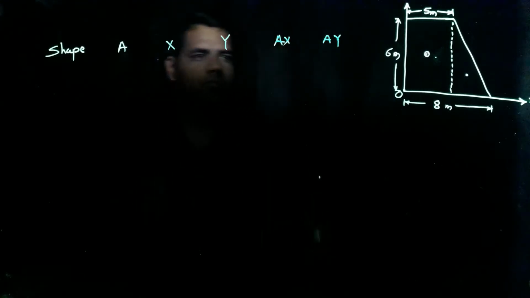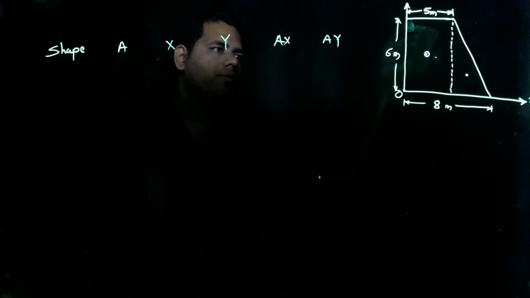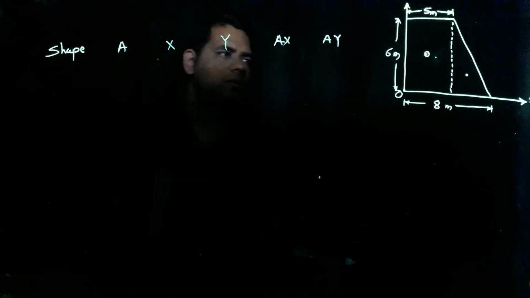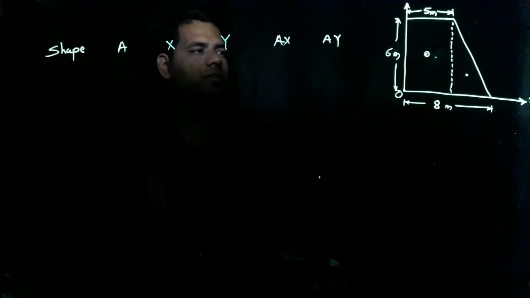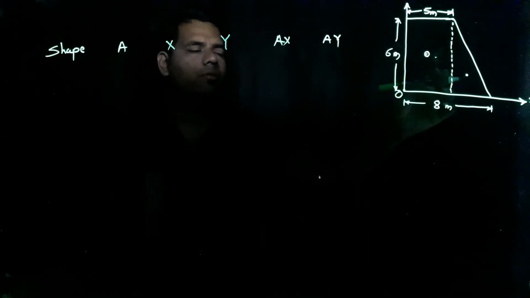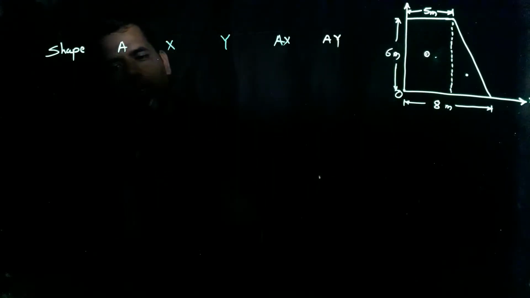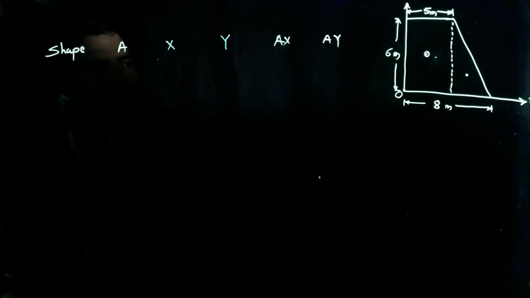One thing we have to remember: if the given area is a composition of shaded and unshaded parts, then for the unshaded standard shape we have to consider the area negative. So the shapes are first the rectangle, second the triangle.